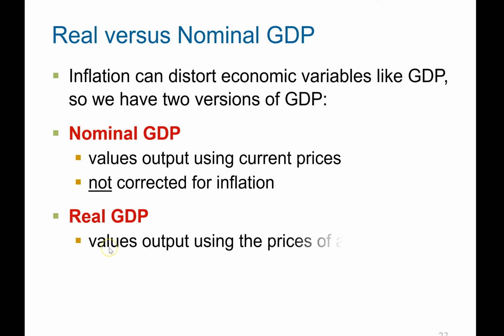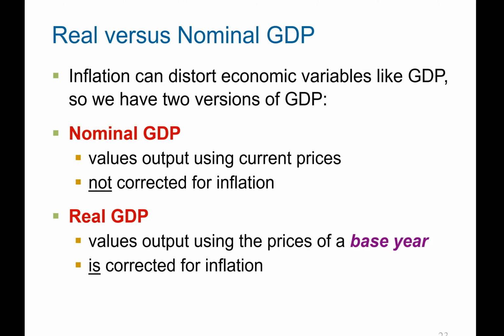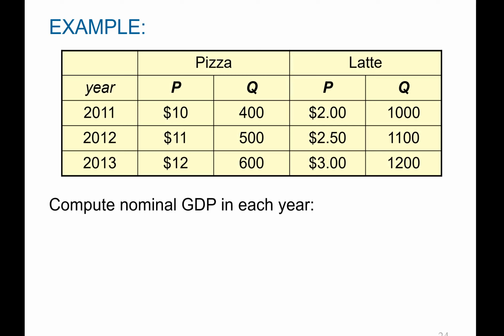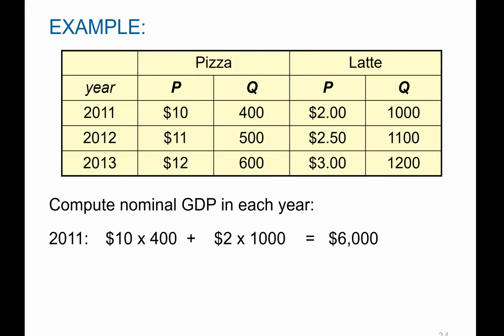Real GDP, however, is the values using the prices of some given base year. And with that, we're able to correct for inflation and take inflation out of it to get a true picture of what is really an increase or even a decrease in GDP. But we can get a picture of the real change in what we're actually producing. So here we have a really good example, and they ask us to calculate the nominal GDP in each year.